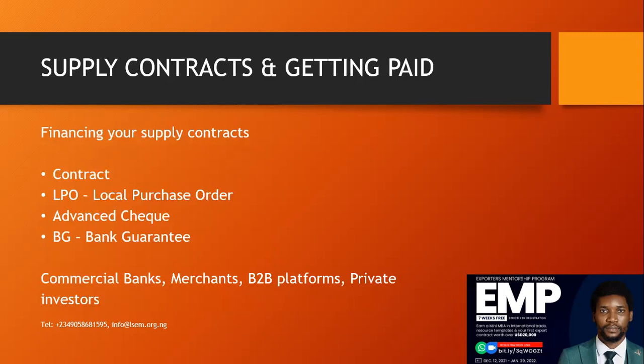So financing your supply contract for your commodity, the contracts that you have, you can get funds from it. You can get money from it by making sure that you get a local purchase order that you can present to friends or to family or to investors to let them know that you have this supply and you want to make the supply, and so time is when the payment is going to be out.